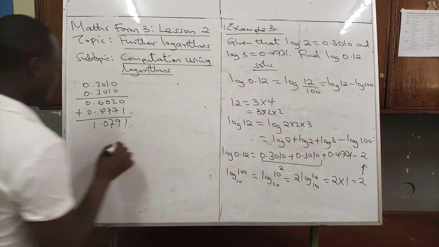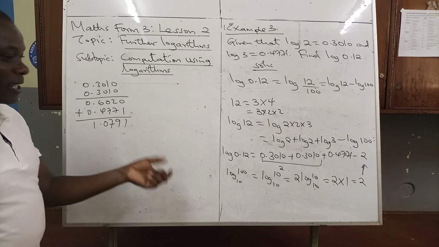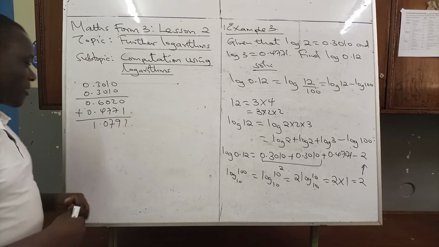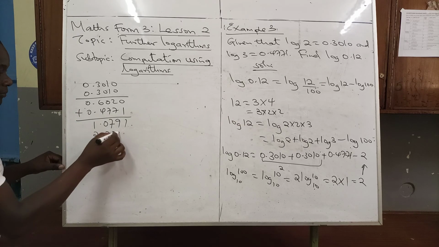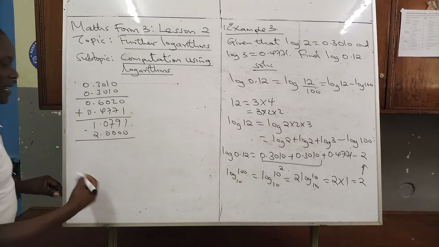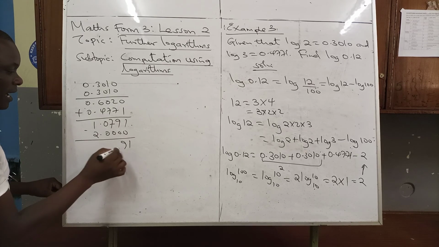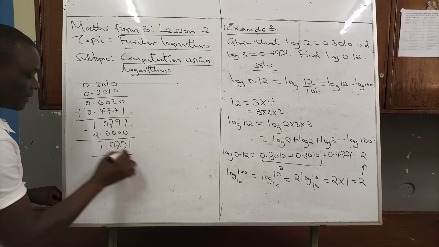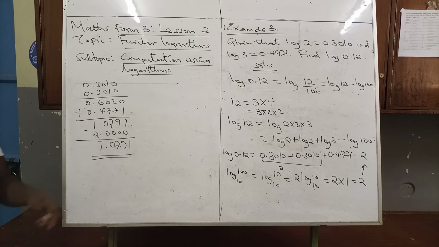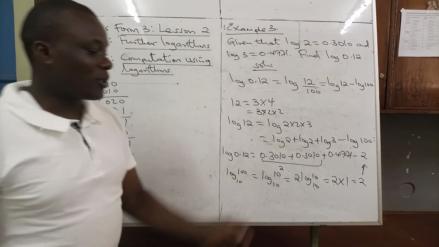Then minus 2. I know many of you will use a calculator at that point, which is very wrong. 2 is a characteristic. You put it here, then you now subtract. This will be 1.0791 minus 2, which is bar 1.0791. So this is the correct answer for this particular question.